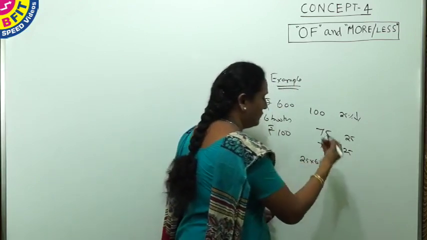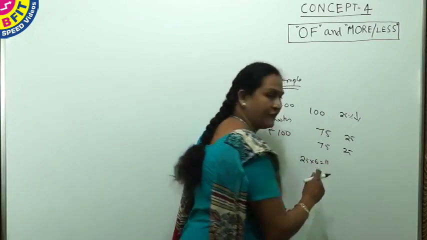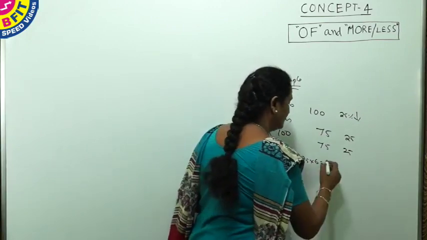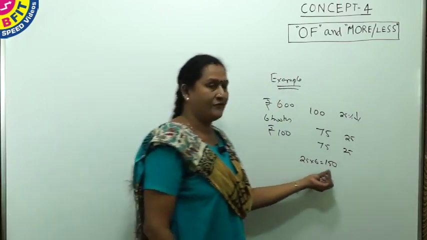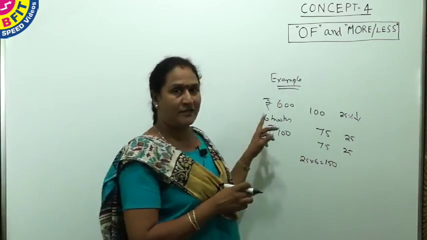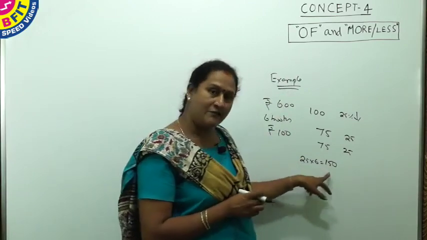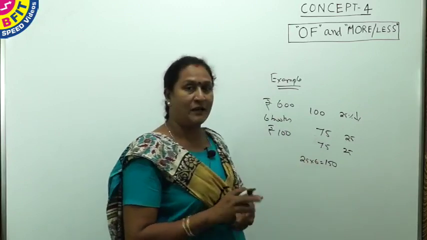So for 6 books he will save 150 rupees. So with this 150, how many more books can he buy? He decides to buy 6 books, but as the price has reduced, he saves 150 rupees, and as the cost is 75 rupees, he can buy 2 more books.